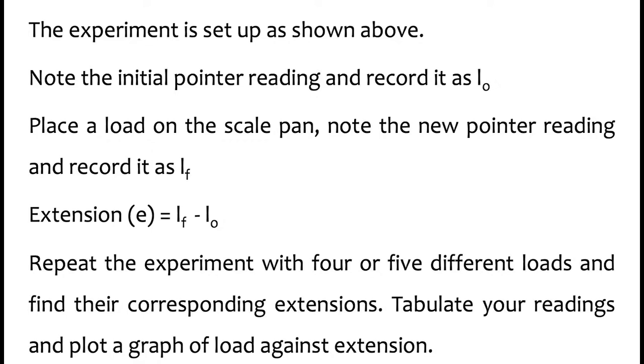Now you repeat the experiment with 4 or 5 different loads and then find their corresponding extensions. Then you keep your readings in a tabular form, and then you will be required to plot a graph of load against extension.